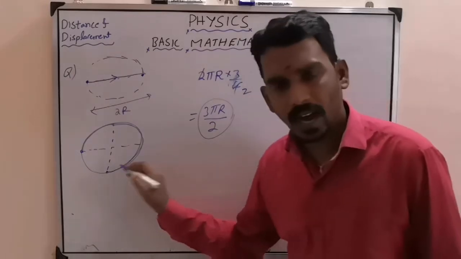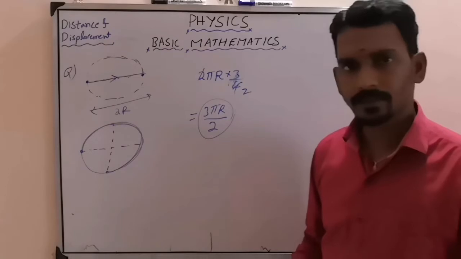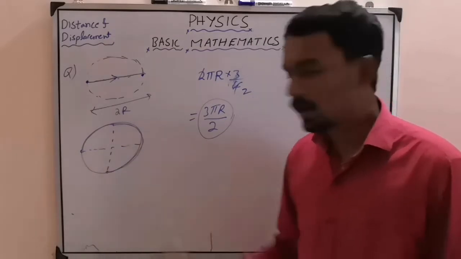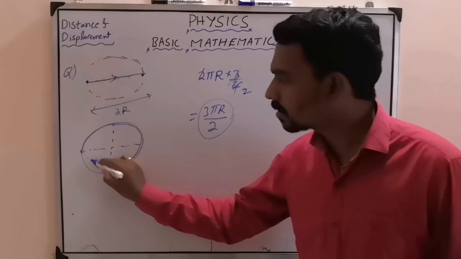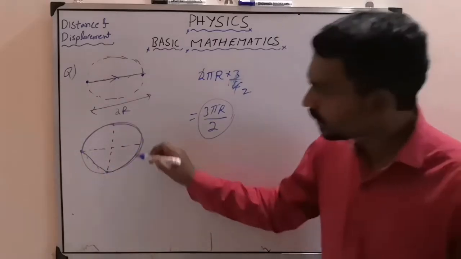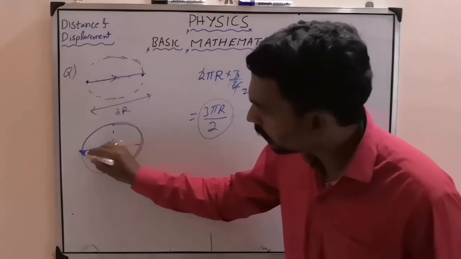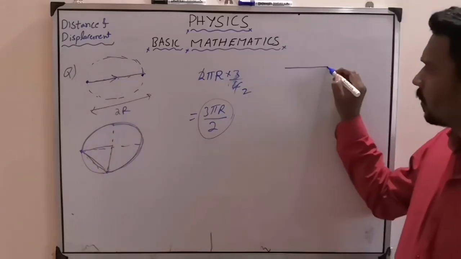For the same question, if they ask what is the displacement, started at this point, ended at this point. So what will the displacement become? Shortest distance. Within the circle, one right angle triangle is there. Mathematics.